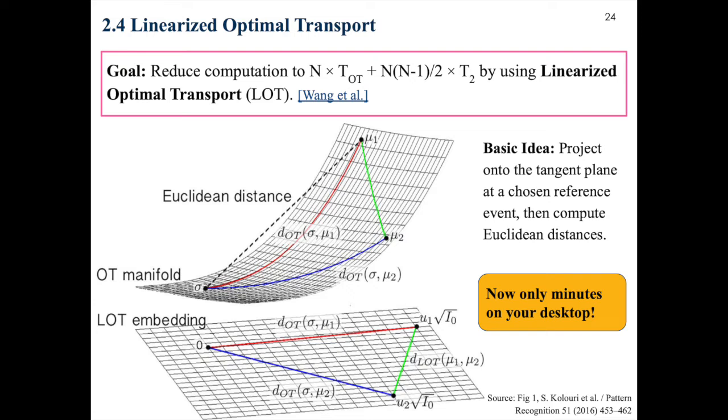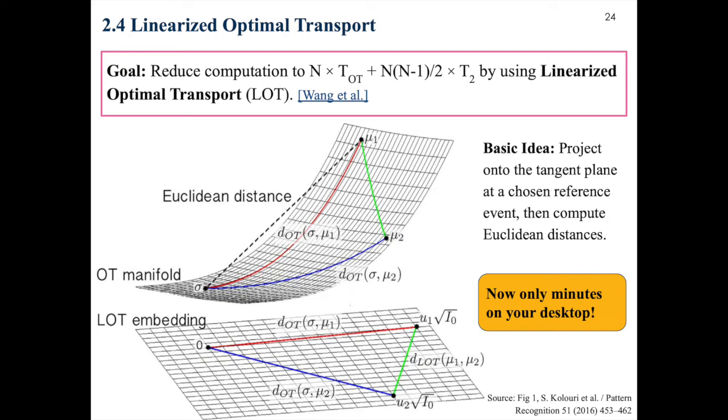Okay, question. So you can see that the Euclidean distance is not the correct distance to use, but why are we using it now? Oh, I got the same question from another audience member. Basically, right now, we are in the OT space. What you are doing is projecting all these points onto the tangent plane at the reference sigma.